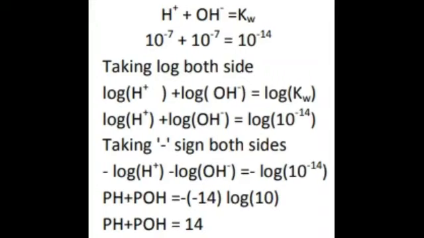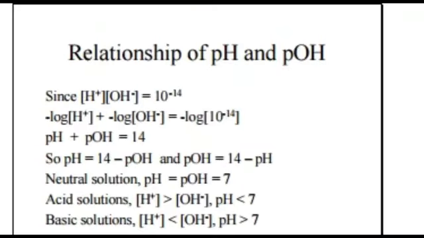Taking logarithm of both sides of this equation, we get log to the base 10 concentration of H+ ion plus log to the base 10 concentration of OH- ion is equal to log to the base 10 of 10 raised to minus 14, which is equal to minus 14.